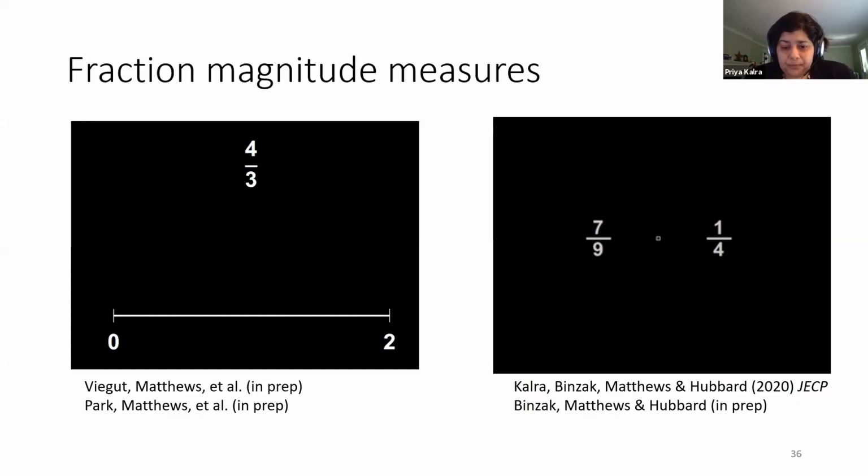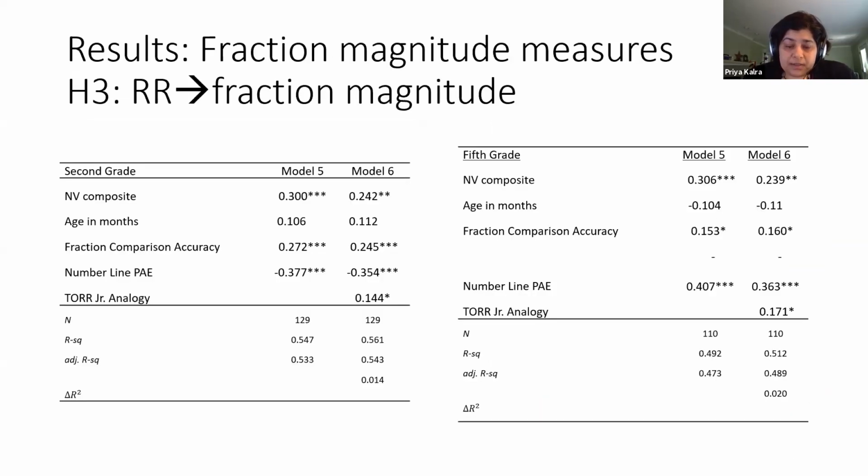Okay. So these are the two measures that we controlled for in this example. Really sorry, I reformatted my tables at the last minute.